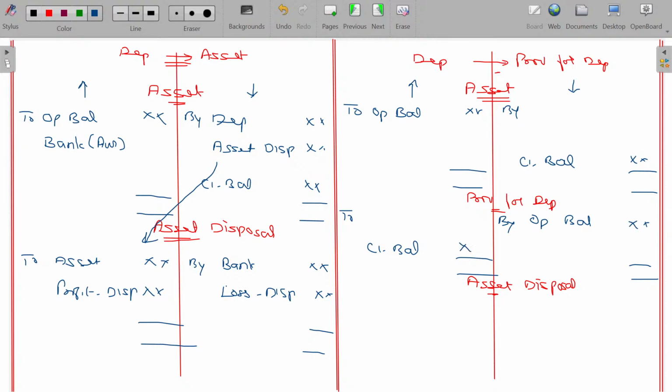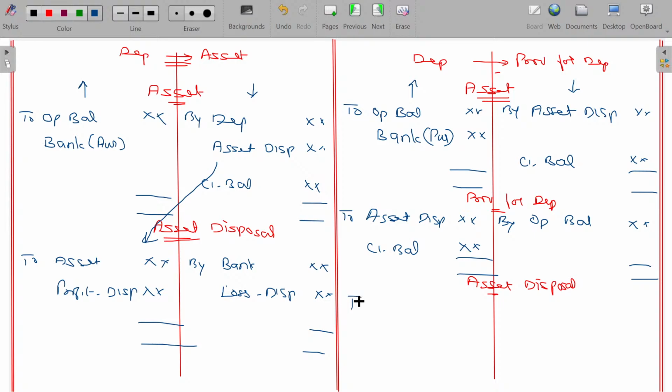The asset increases on purchase. So, on the debit side, bank, in bracket, I name this purchases. And on sale, the asset will be transferred to the asset disposal account. Not only that, provision should also be transferred to the asset disposal account.